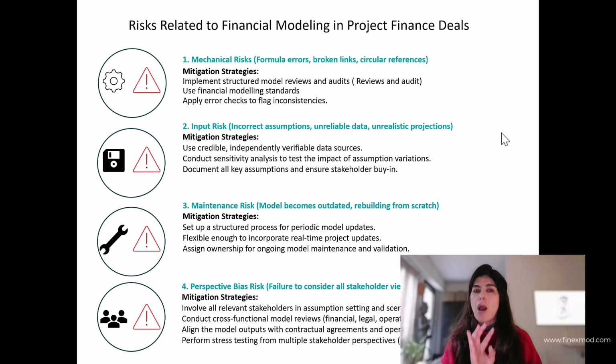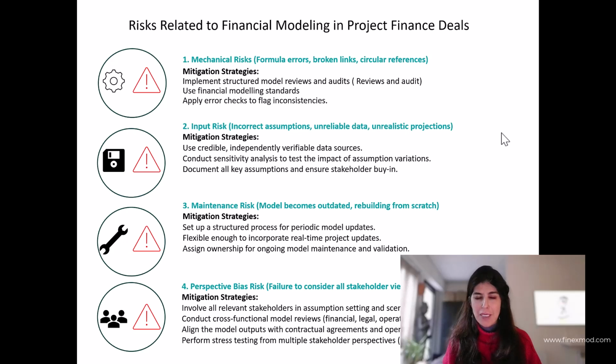So you need to have that flexibility in the model and have that person within your team or a company accompanying you that can maintain the model. So that's a risk that you need to be aware of and make sure that you can cover it throughout the project life cycle.